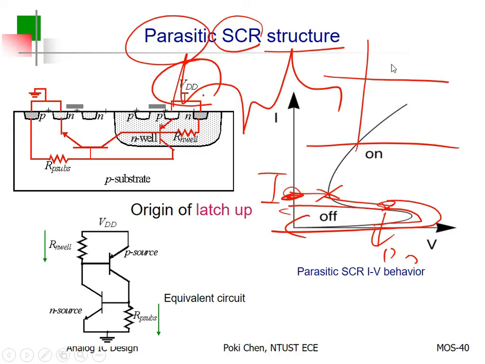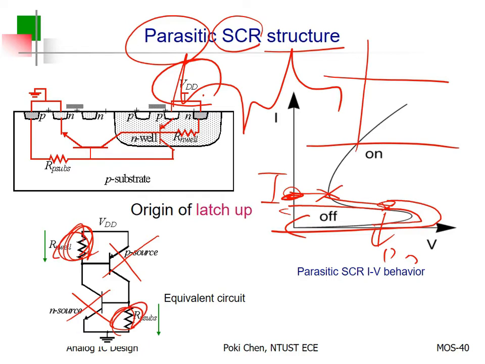What can you do? You had better not turn it on. But how to keep it off? The voltage here and the voltage there had better be as small as possible. Got it? How to make the voltage here or there as small as possible? You need to reduce the parasitic resistance. How?